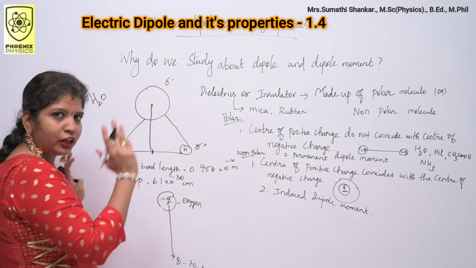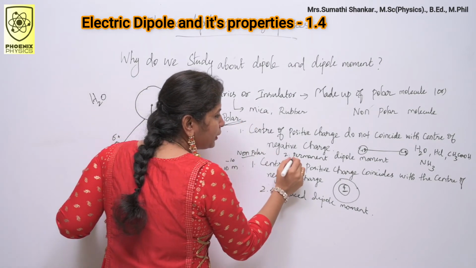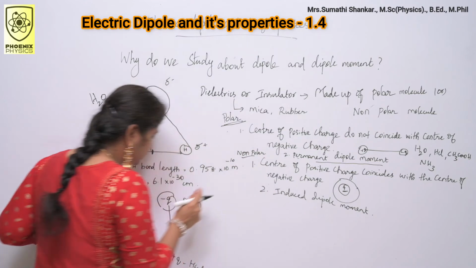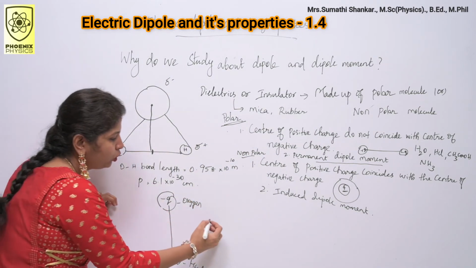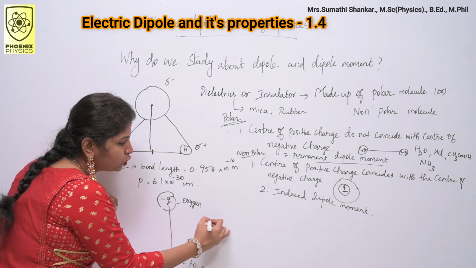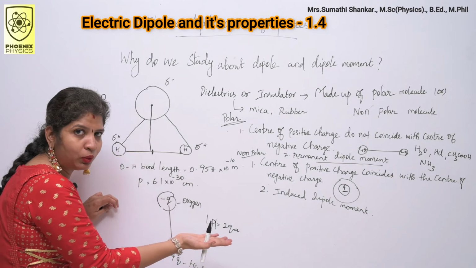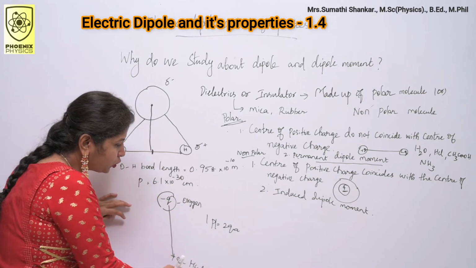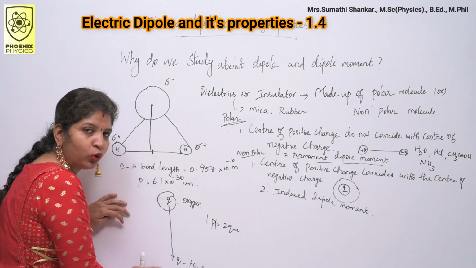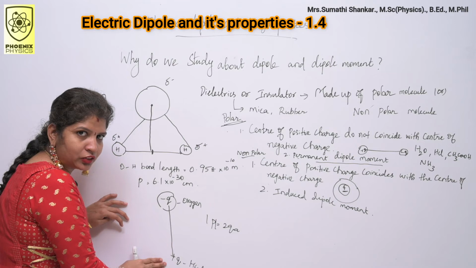So what is my conclusion? A polar molecule has a permanent dipole moment. If it has a dipole, we can easily calculate the dipole moment also. You know the formula, modulus of P is equal to 2QA. This is our dipole moment formula. So naturally a polar molecule has a permanent dipole moment because it has a separation like this.